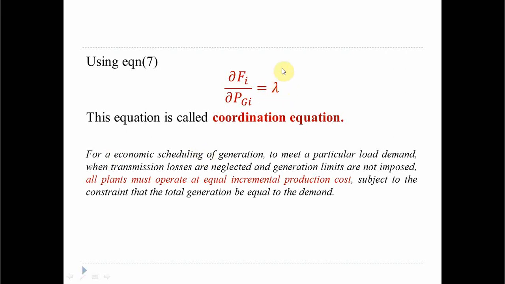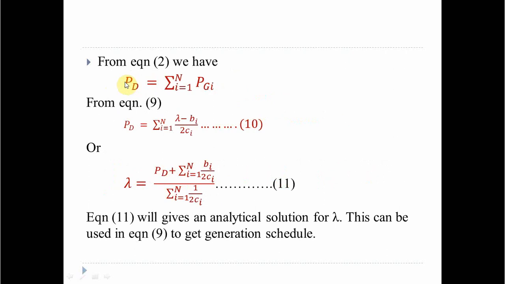Now the next part is to find out the value of lambda. We know that from equation 2 we have PD is equal to summation i equal to 1 to n PGi. Now PGi we can calculate using equation 9. We have got a relation for PGi. So when I substitute, I get equation 10. Clear?